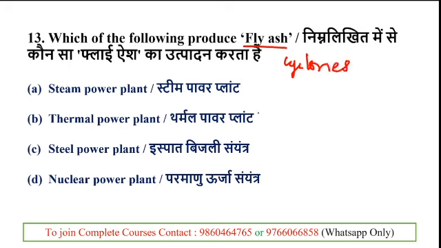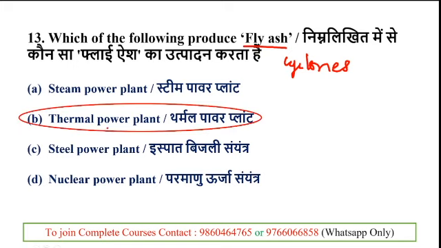Which of the power plant emittents will produce fly ash? That is none other than the thermal power plant. The thermal power plant is one of the units that makes fly ash in our atmosphere.